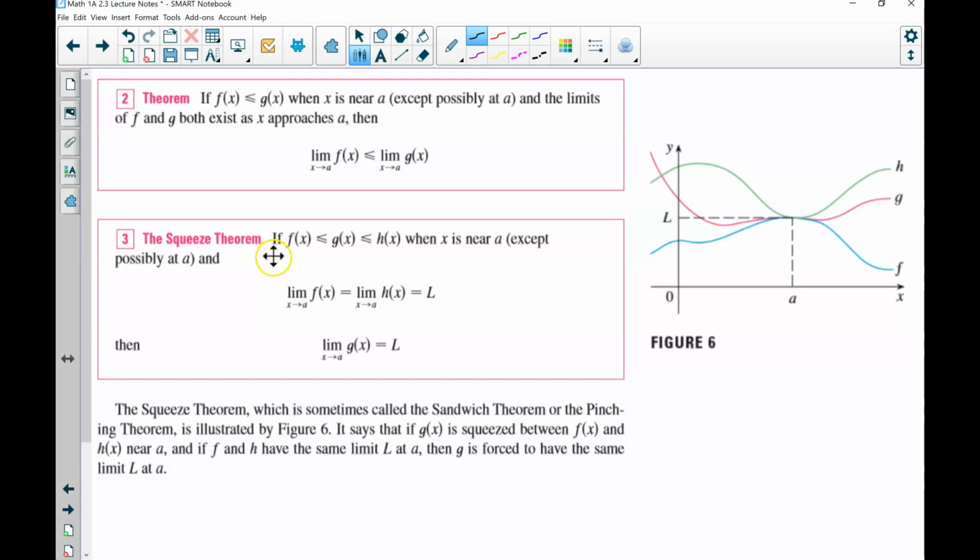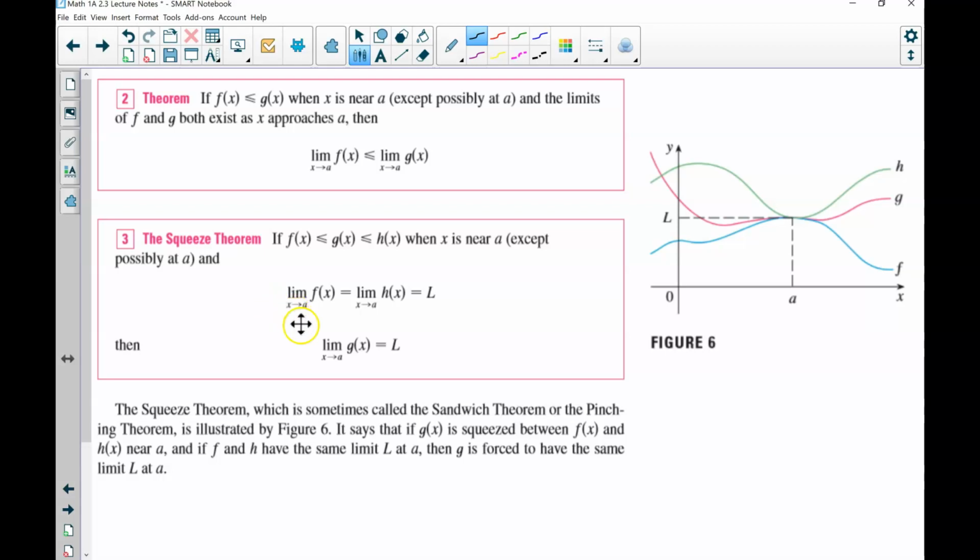Now what does the squeeze theorem say? That if you have a function g of x, which is in red, and it's in between the two functions f of x and h of x, when x is near a and except possibly at a, then we can say the following.